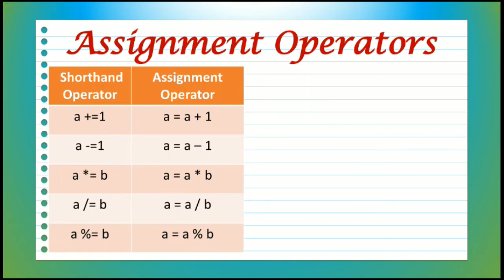The next shorthand operator is a /= b, and the assignment statement will be a = a / b. Again both these statements are the same. Next one is a %= b, which is a shorthand operator, and the similar statement is a = a % b.